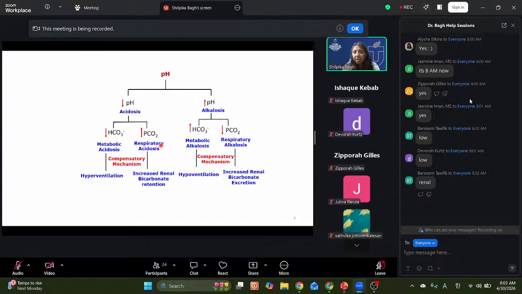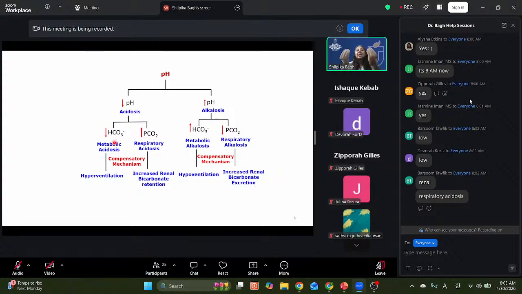Then is it metabolic or respiratory? For respiratory, you see PCO2. For example, chronic obstructive pulmonary disease. Retention of CO2 will lead to what? What is your diagnosis? Absolutely wonderful. Respiratory acidosis. Now, metabolic acidosis.